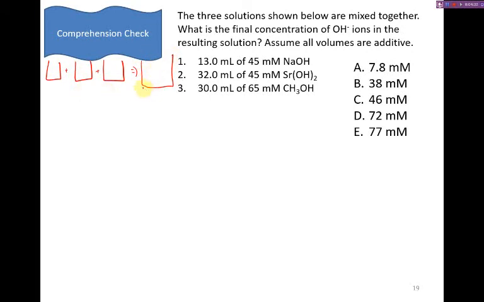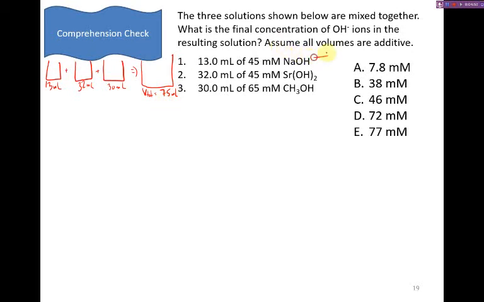So our total volume is going to be the sum. That means our total volume is going to be 62 plus 3, that's 65 plus 10, that's 75 milliliters.